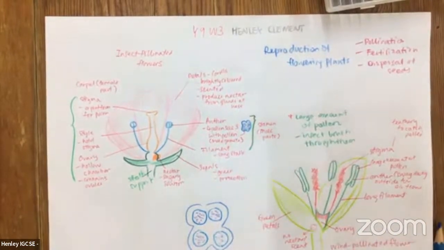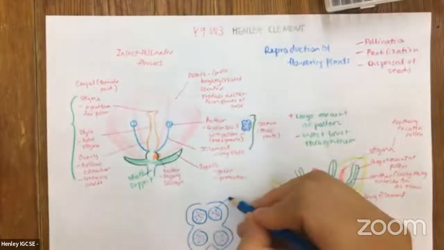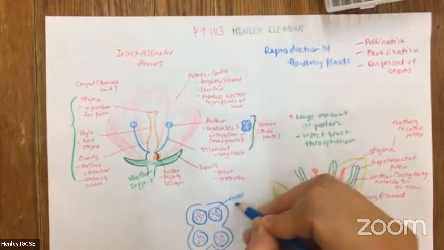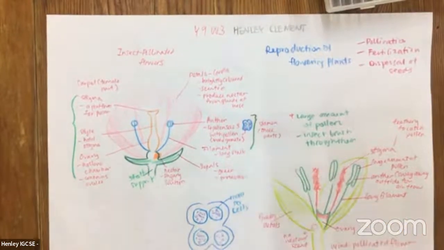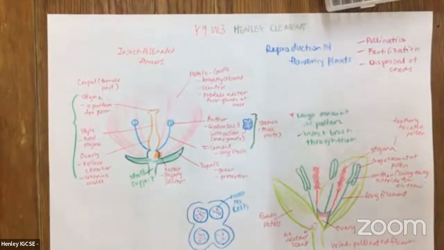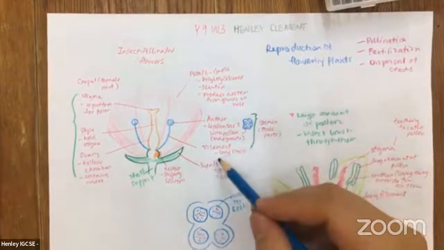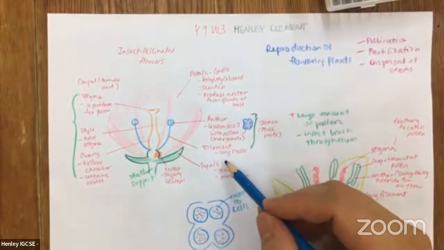This pollen we call the male sex cells or male gametes. Male sex cells. And it is supported by the long stalk called the filament.